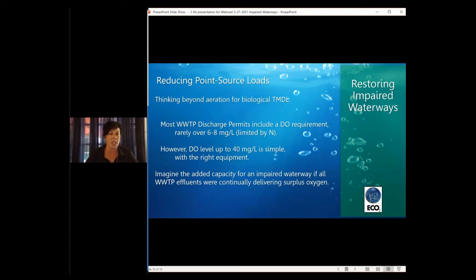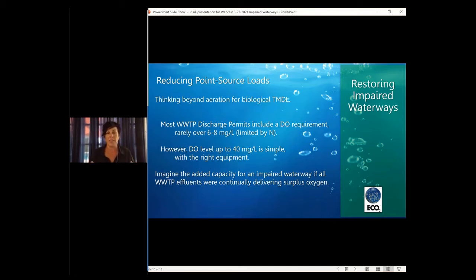And that's because of the technology of aeration and the concentration of oxygen in air. So that DO level is limited by the nitrogen content in air. However, with pure oxygen, a DO level of up to 40 milligrams per liter is actually quite simple, as long as you have the right equipment.